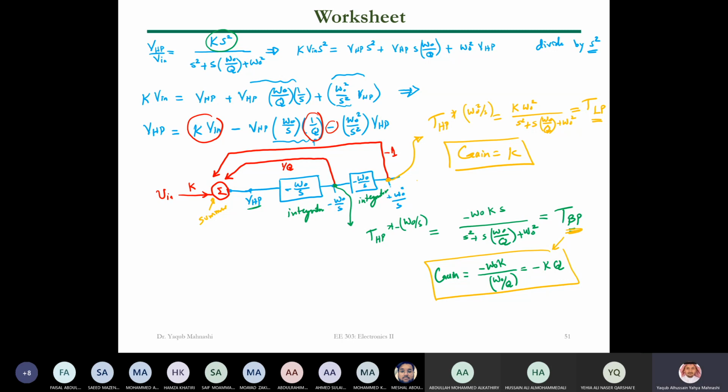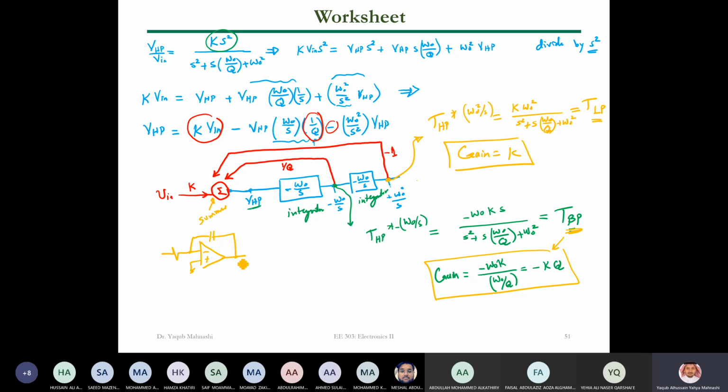An op-amp with a capacitor in feedback, I expect. Excellent. And that's what we call a Miller op-amp, or Miller integrator. So this is the Miller integrator or the op-amp integrator. It is the same thing.